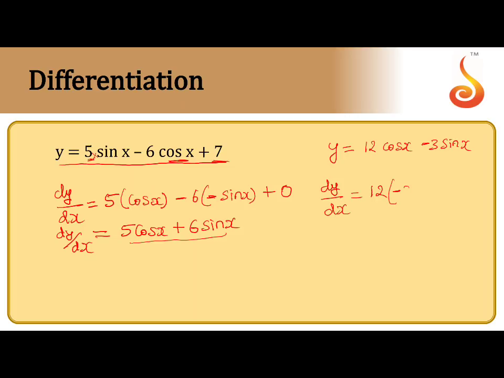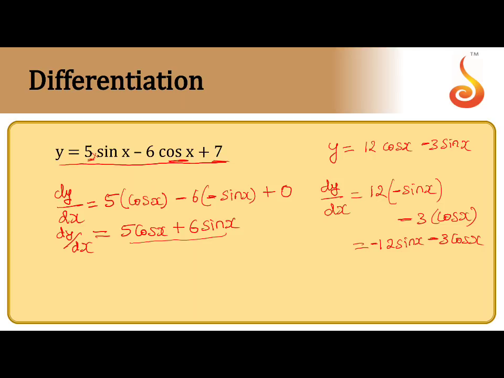Differentiation of cos x is minus sin x, minus 3 into differentiation of sin x is cos x. This will be minus 12 sin x minus 3 cos x.